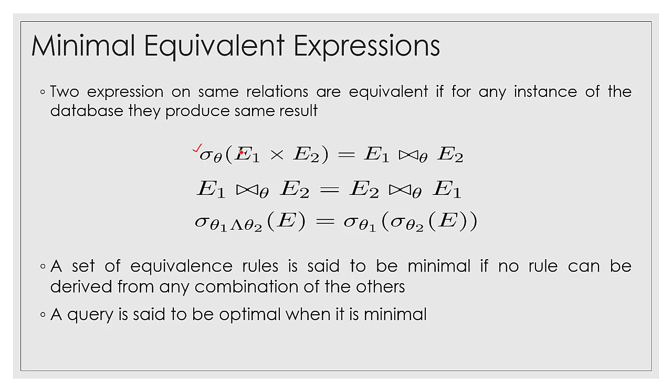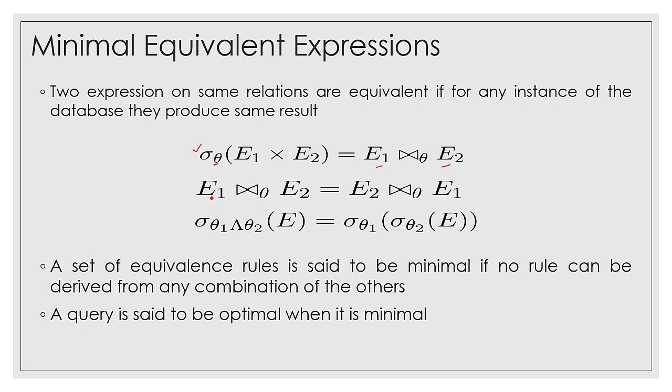In this case, we are producing the Cartesian product of relation E1 with relation E2, then selecting the tuples depending on the theta condition, which will be equivalent to the theta join between E1 and E2 relations. Similarly, this is called the theta join is commutative.